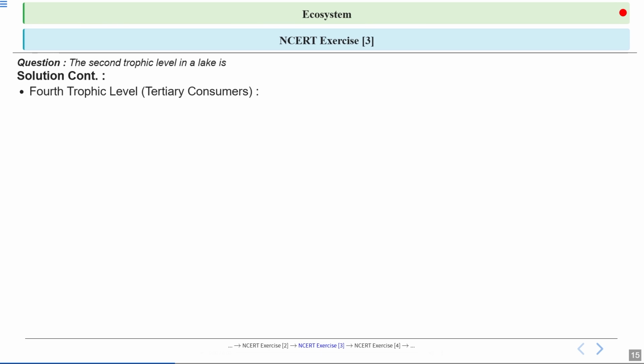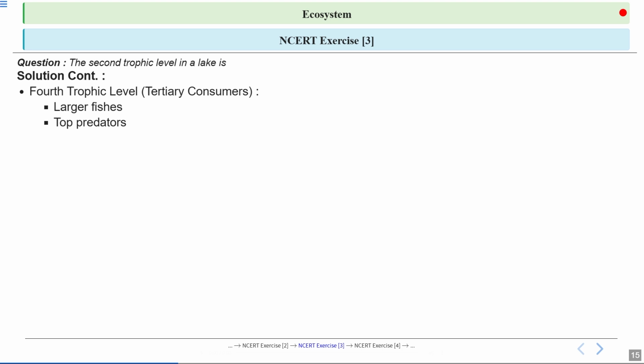And let's talk about the fourth trophic level, which is occupied by the tertiary consumers. Now, large fishes like tuna, bass, and lake trout prey on smaller fishes from the third trophic level. Now, top predators are the highest level consumers in a food chain. So, the fourth trophic level is occupied by the top predators.